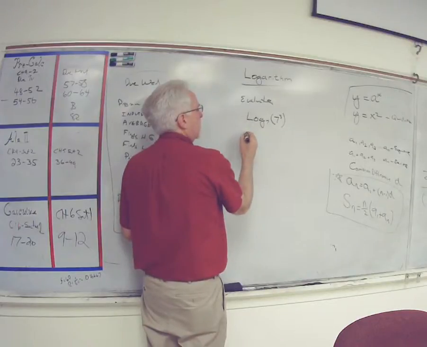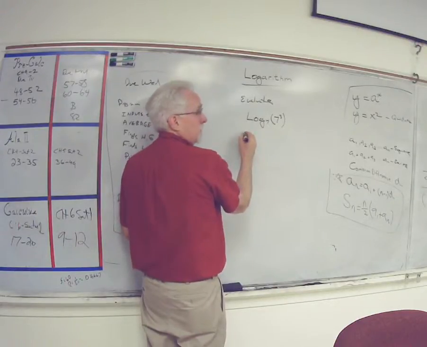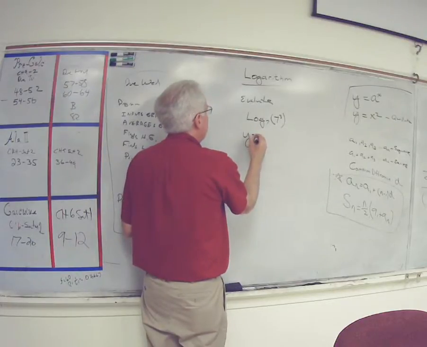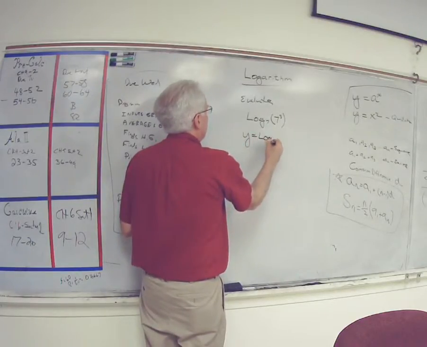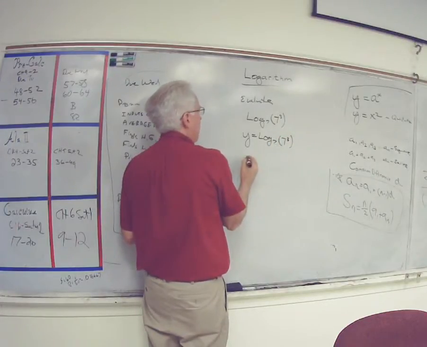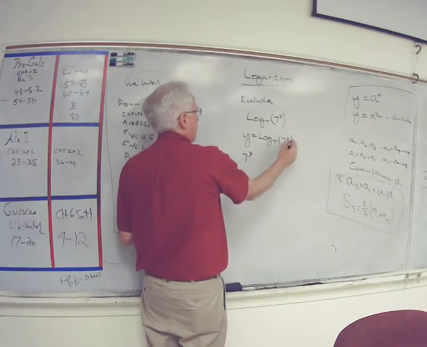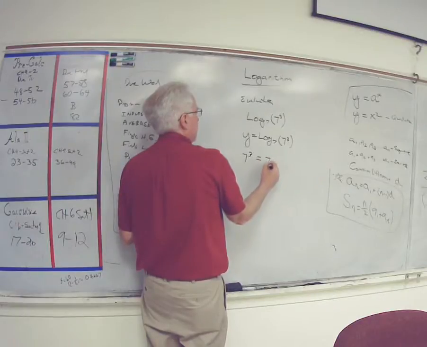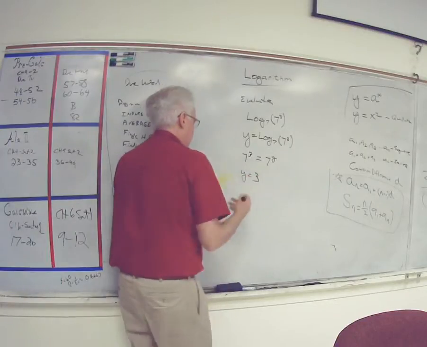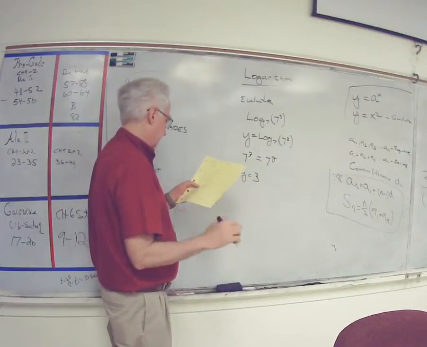I would set it equal to y. So y is equal to log 7 of 7 to the 3, and then 7 to the 3 is equal to 7 to the y, and therefore y is equal to what? 3. Do you see how that works?